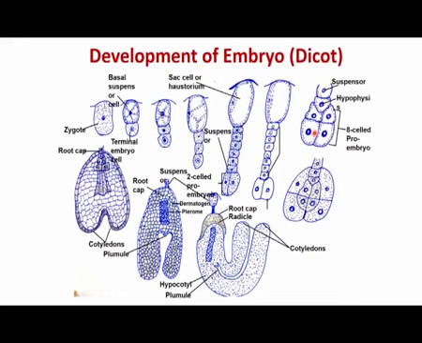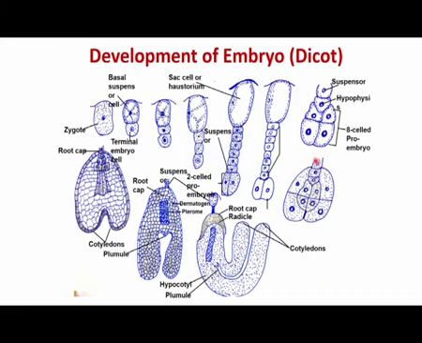Each of the 8 cells of the octant stage then divides by periclinal division to form an outer protodermal cell and an inner cell. Consequently, the 8-cell octant now becomes 16 cells, meaning the 8 external protodermal cells and the 8 internal cells.